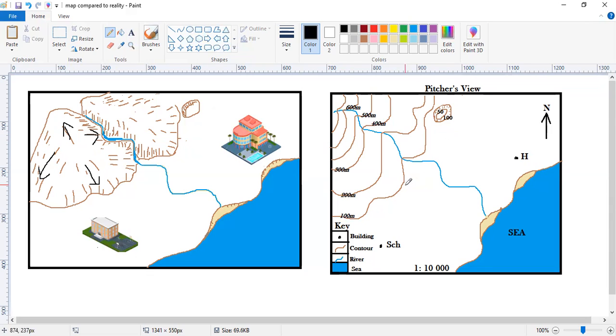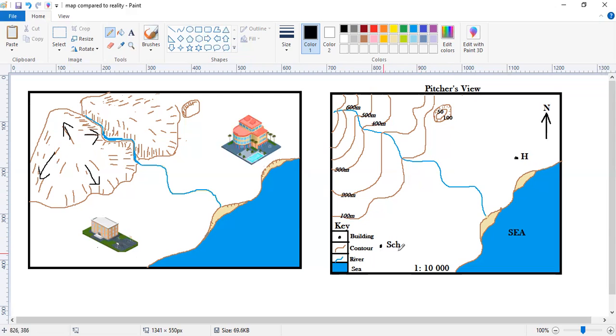All right, our maps do not only show physical features, but they also show human features. All right, and again, it is in symbolic language.